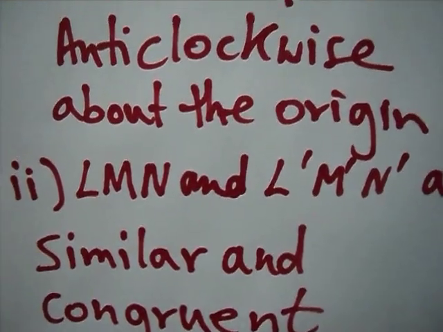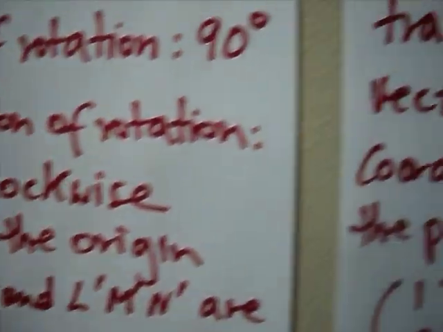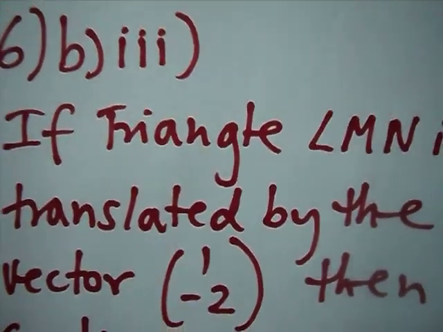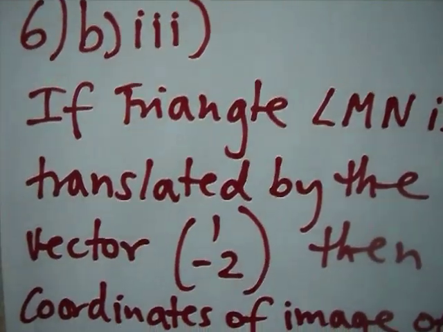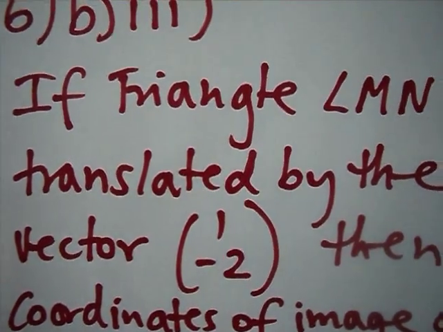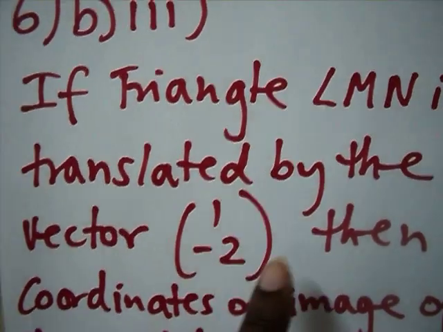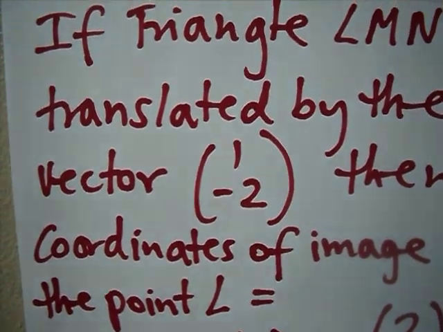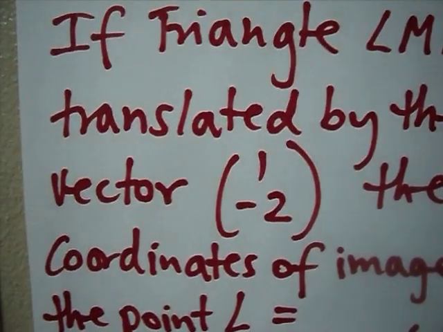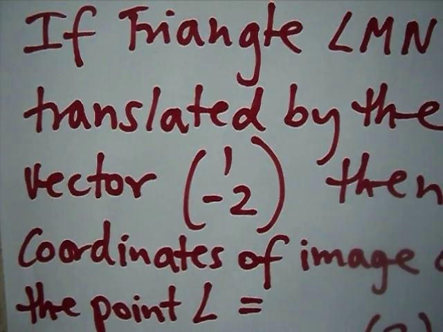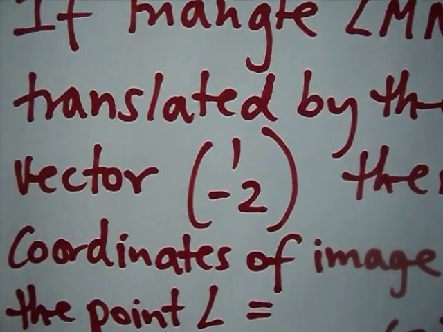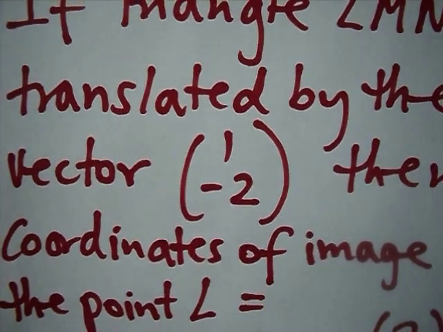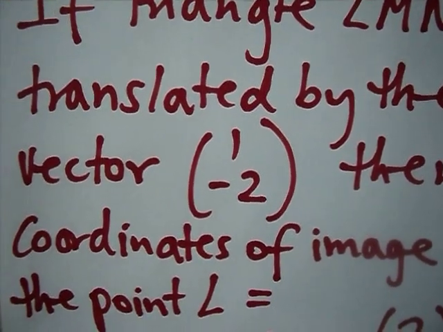And B, they ask you now if the triangle LMN is translated by the vector 1, -2, then what are the coordinates of the image of the point L? Now, when you have a translation, you can do it manually on the graph, or you can just use an operation whereby we add.